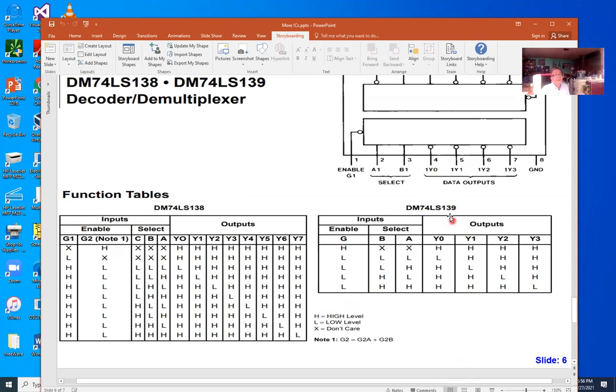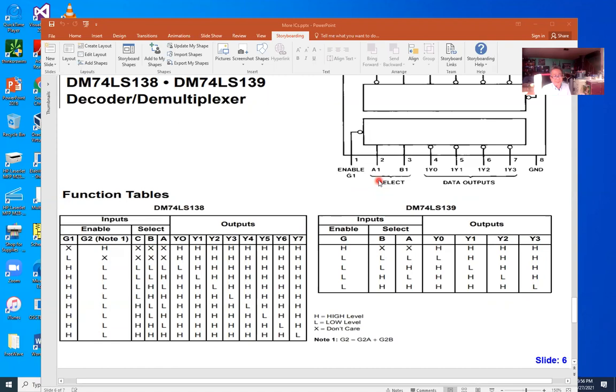So this one, they try using 139. The thing is you can use it separately, as 2 separate decoders. On the 138, you get 1 IC, but you're able to control 8 outputs with the 3 inputs ABC.